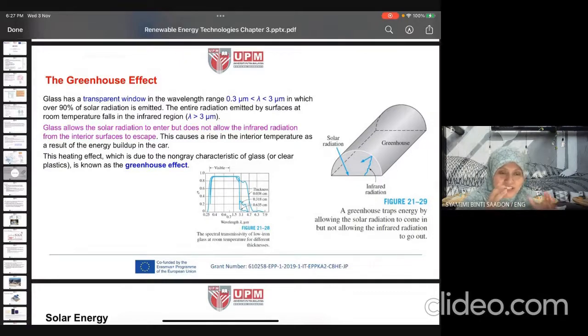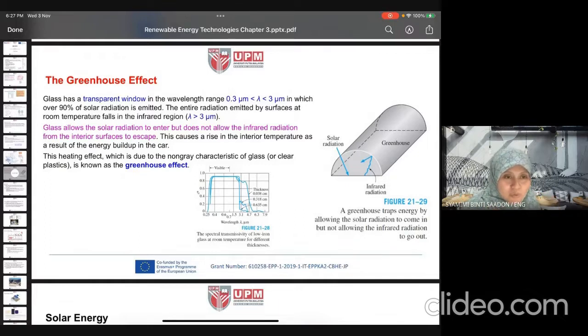So the radiation is trapped inside the car or inside our building, our house. This heating effect caused by the infrared radiation is what we call the greenhouse effect: the energy that is trapped inside the building or the car.